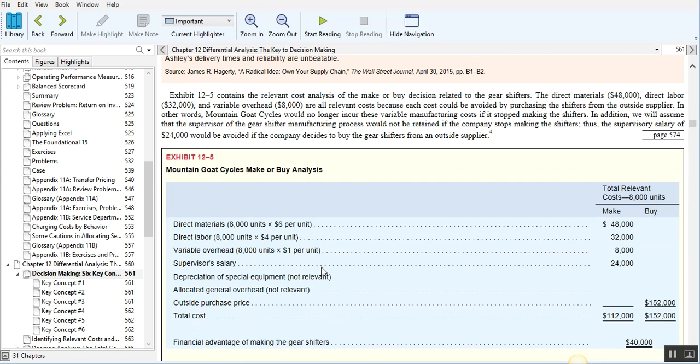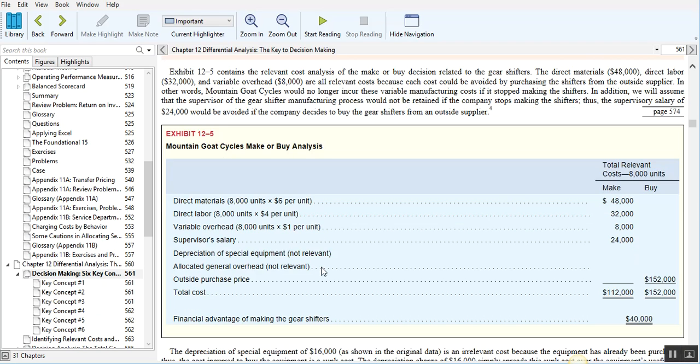So here's an example. They decide whether or not to make or buy these products. And so we have direct materials, direct labor, overhead, supervisor salary, and so on. We have $112,000 in costs associated with making these products. And then if we give it up and buy them, that's going to cost us $152,000.